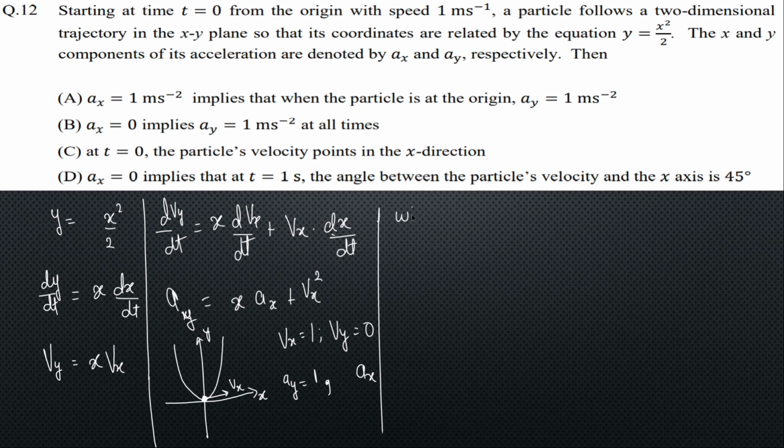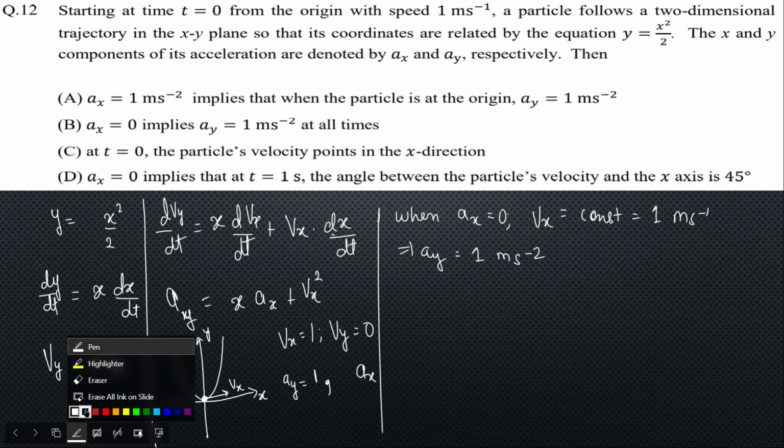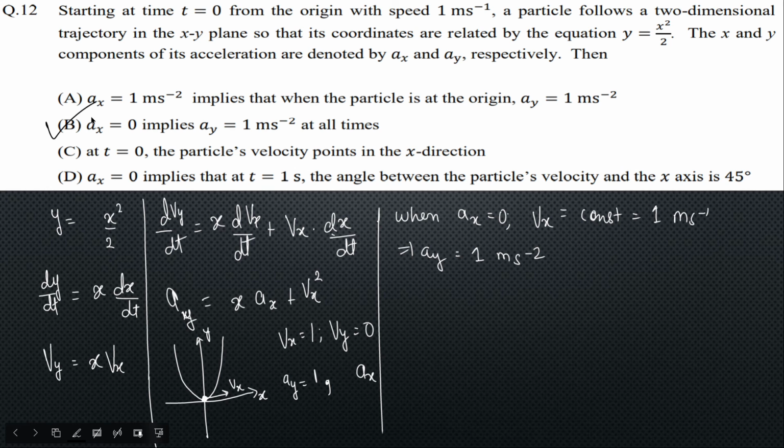So when ax is 0, we have vx as constant, and that is also equals to 1 meter per second. So we have ay is equals to 1 meter per second square. So option number 2 is correct. So this option B is correct.